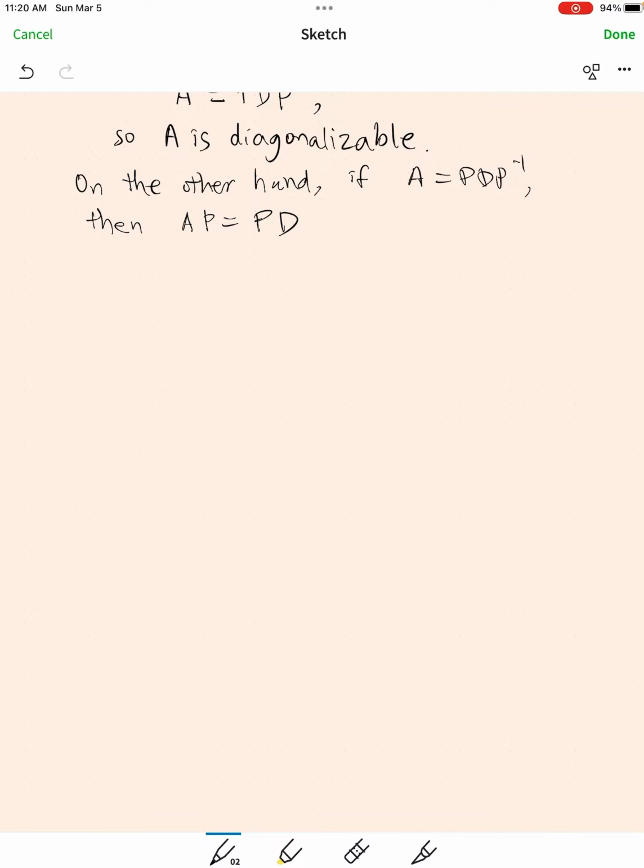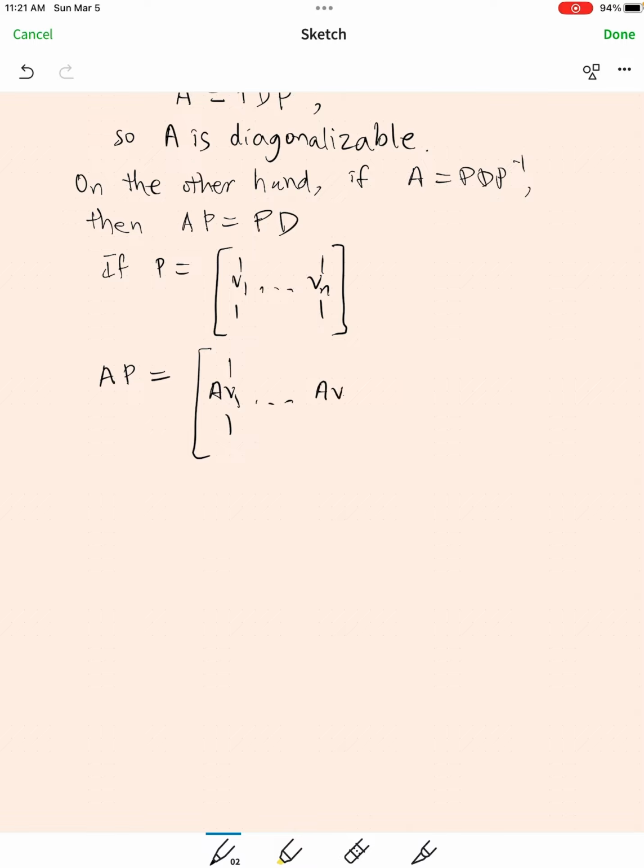And what would that tell you? So let's say that P is the square matrix with columns V1 through Vn. Well then, A times P is going to be A times this matrix. And so the first column is going to be AV1, and the last column is going to be AVn.